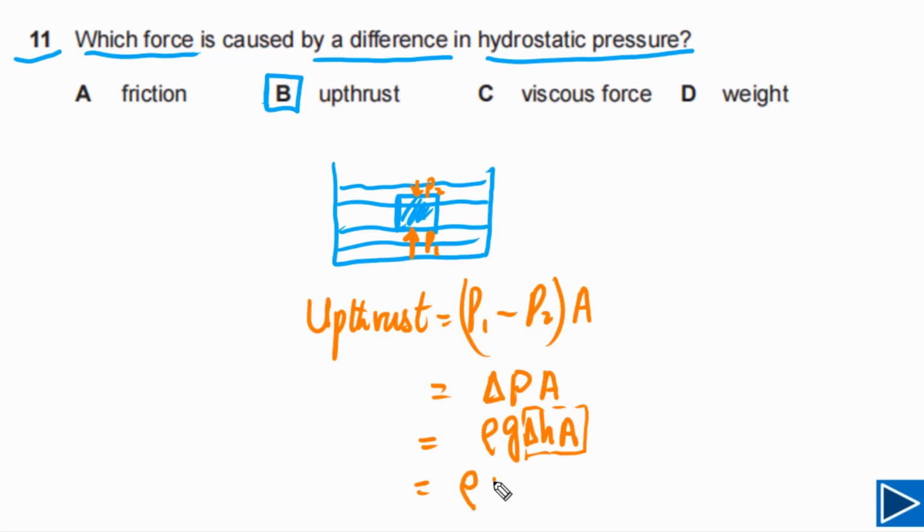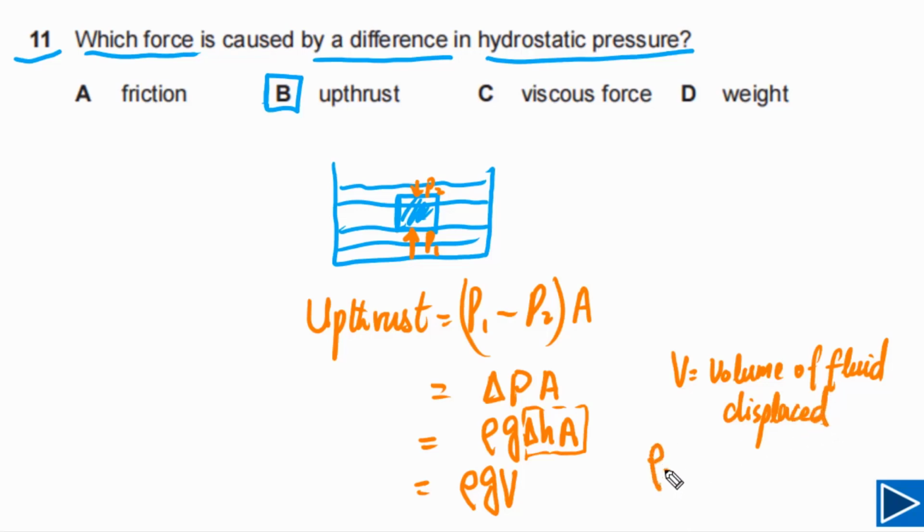So simply upthrust is equal to rho g V, and V is the volume of fluid displaced. So we have to be very clear. In this case, the volume of fluid displaced is equal to the volume of object, and rho is the density of fluid.